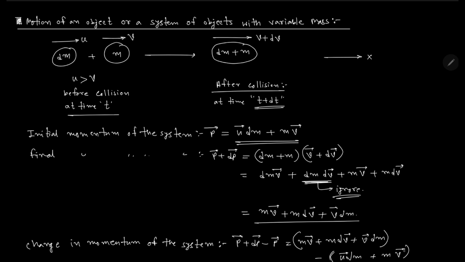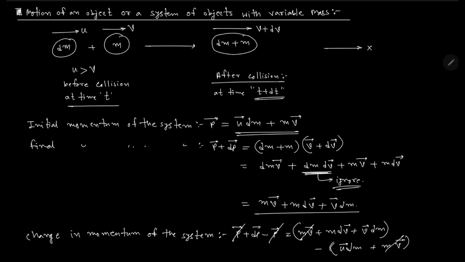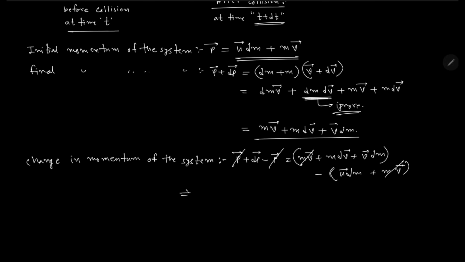So your mv will get cancelled out, and the p vector will get cancelled out. What we finally have is dp vector equal to m dv vector minus (u minus v) dm. Don't forget to put these vector signs here.